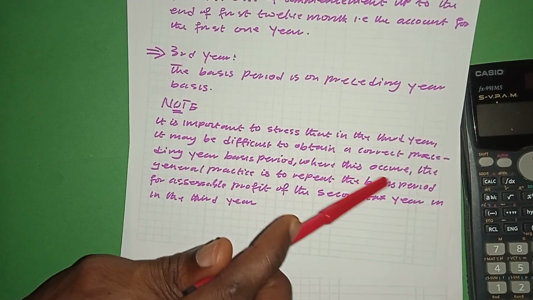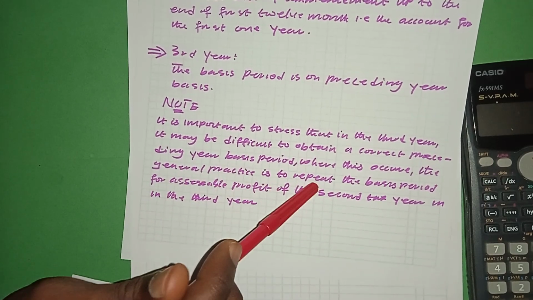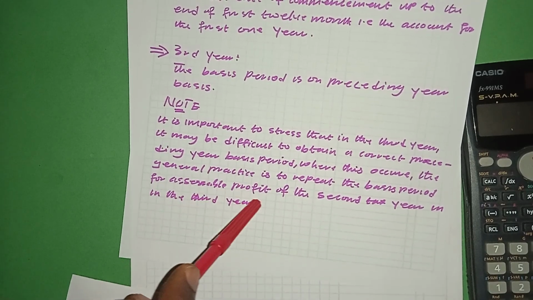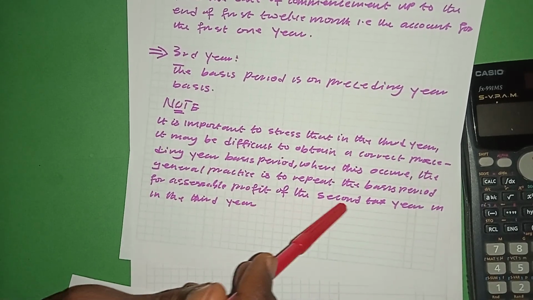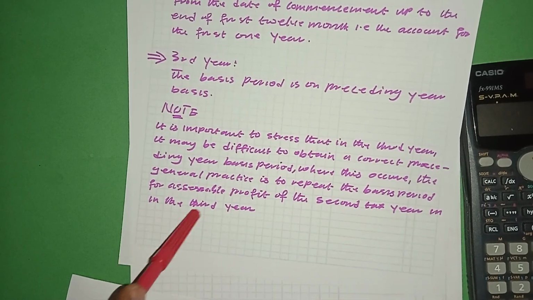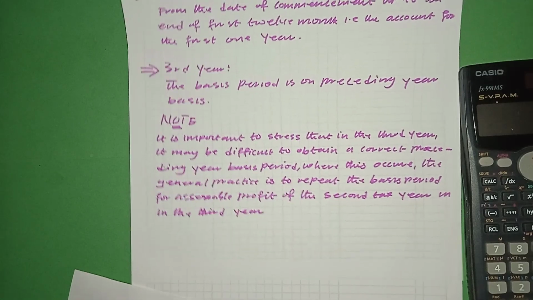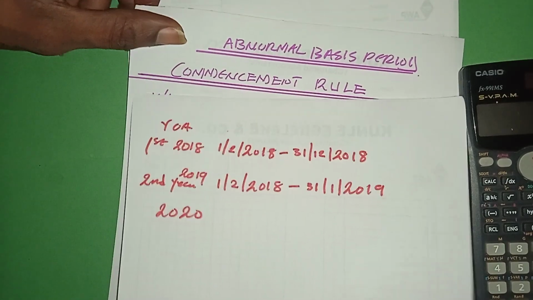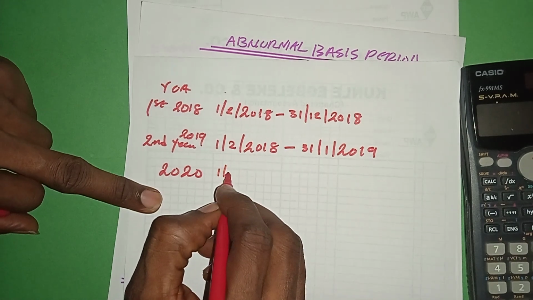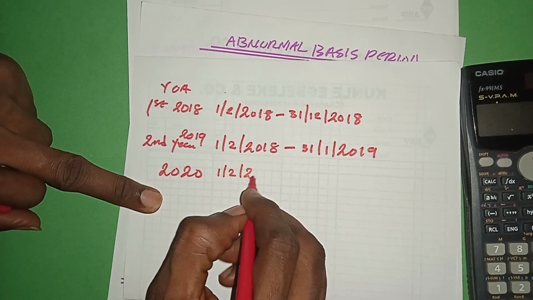Where this occurs, the general practice is to repeat the basis period for the assessable profit of the second tax year in the third year. Now, what this is saying literally is, if we cannot ascertain some things, we should just repeat this third year the way it is here.